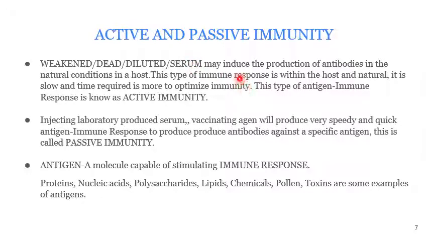When serum containing weakened, dead or diluted pathogen is introduced into the human body, it may activate the production of new antibodies in the natural conditions in a host. This will produce an immune response within the host, and it is natural. It is very slow, and the time required is more to optimize immunity. This type of immunity, antigen response, is called active immunity.